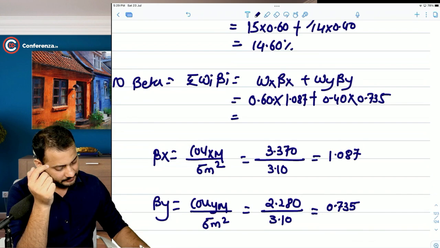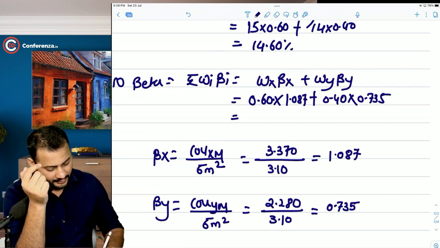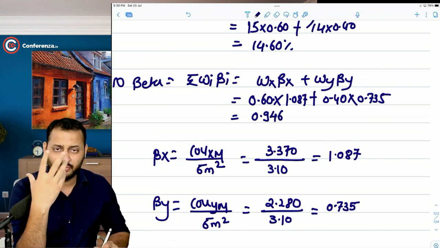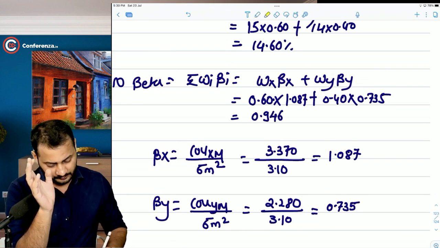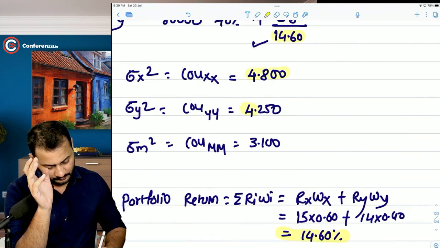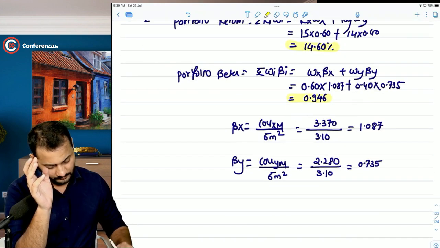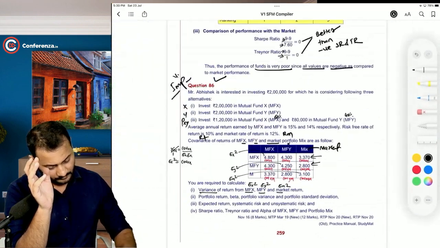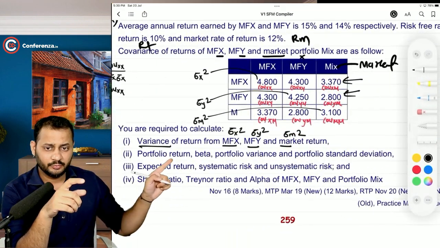You will get the answer. Point 946, or you can say 0.95 as well. So this is the portfolio beta.